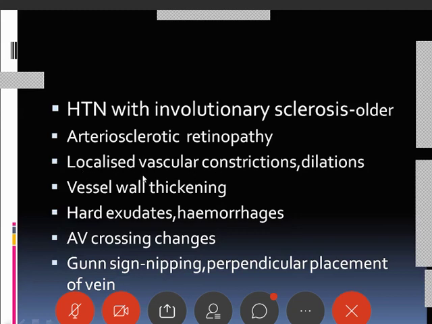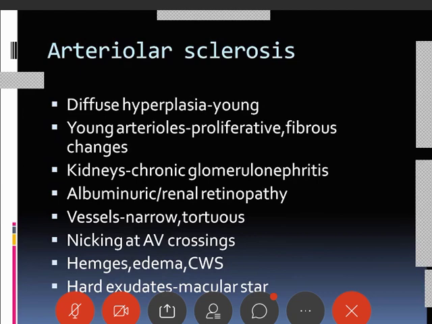There will be localized vascular constrictions or dilatations and vessel wall thickening. We can see hard exudates and hemorrhages, and also different AV crossing changes. This is hypertension with involutionary sclerosis, which occurs in older individuals.